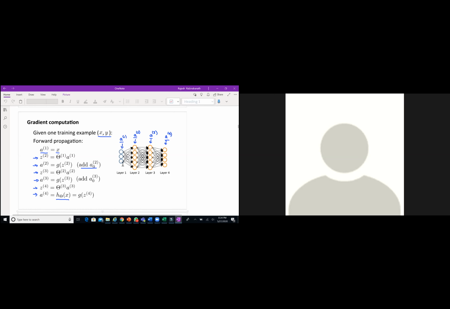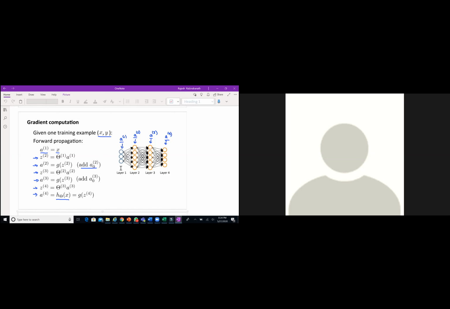Now, X is a vector. Essentially you don't have to calculate the value of A1, because A1 is the input features. A1 is layer 1, the input layer. So the vector A1 is nothing but X. A1 equals X. That is the first step.